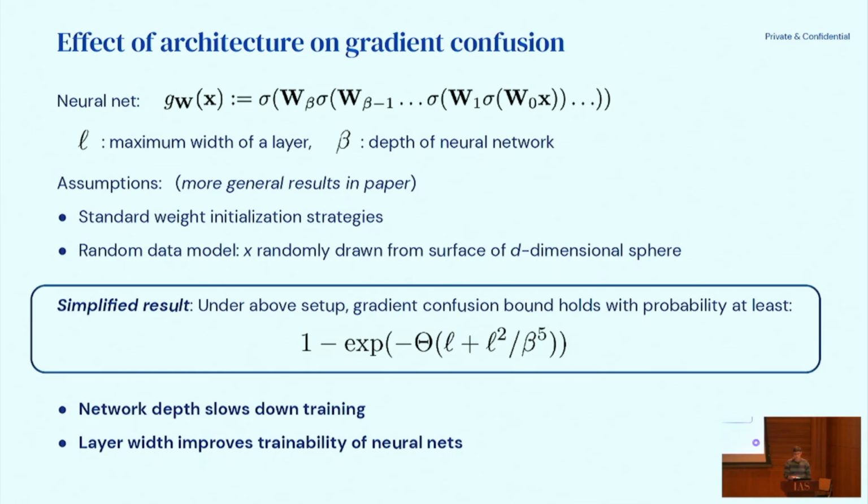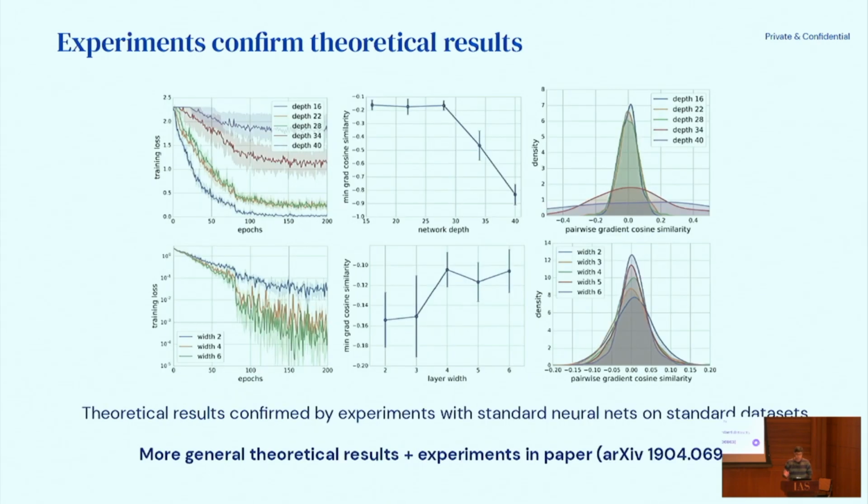So combining this result with other results we have in the paper, you can prove that training gets harder as the network gets deeper, and training gets easier and faster as the layers get wider. We do a bunch of experiments in the paper that confirm these theoretical results, as well as additional results on batch normalization and skip connections.